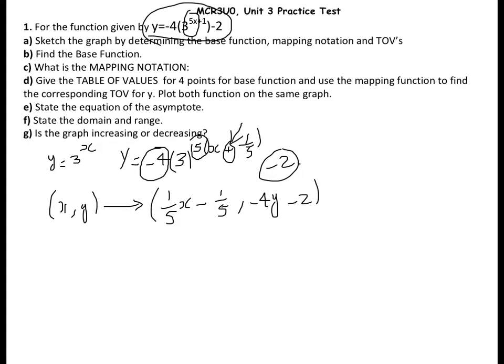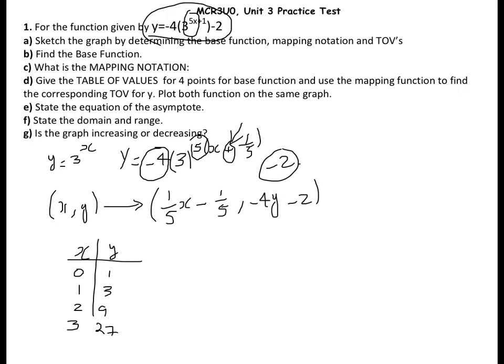Now give the table of values for 4 points. It's up to you what points you want to use. I'm going to use the following points for x: 0, 1, 2, 3. You can go ahead and find the corresponding y values.